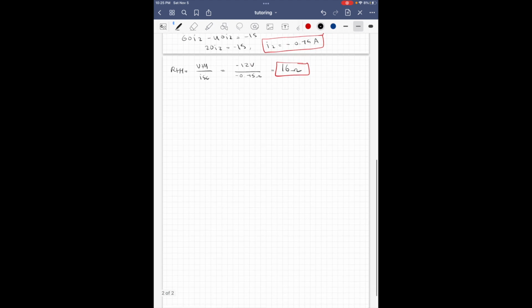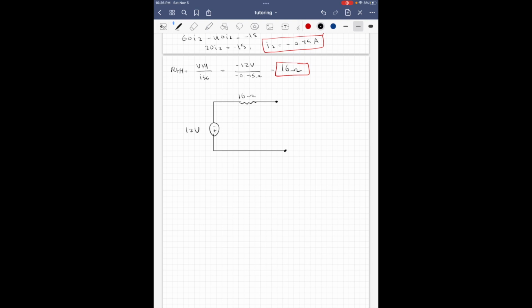Now we're all ready to construct our Thevenin circuit. And we're basically going to have the same terminals as in the original question. And we're going to have a voltage source of 12 volts and a Thevenin resistance of 16 ohms.